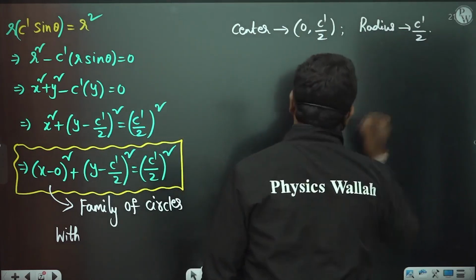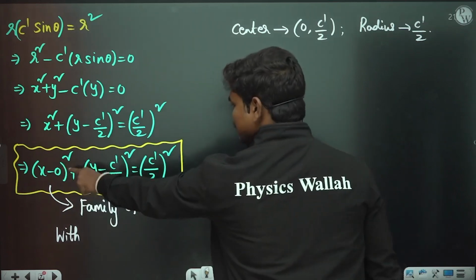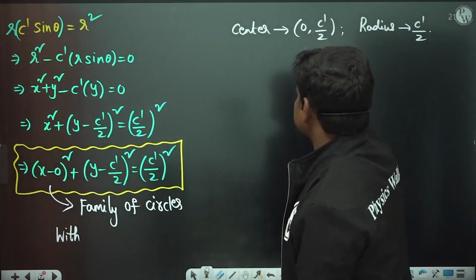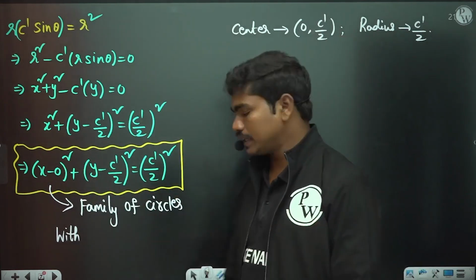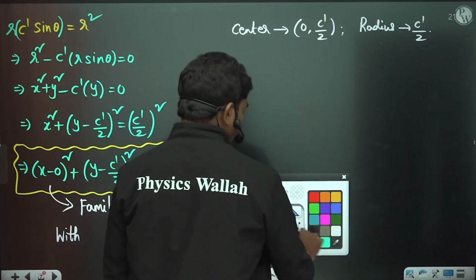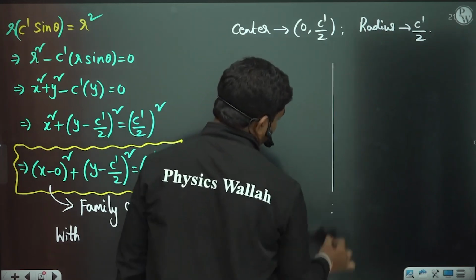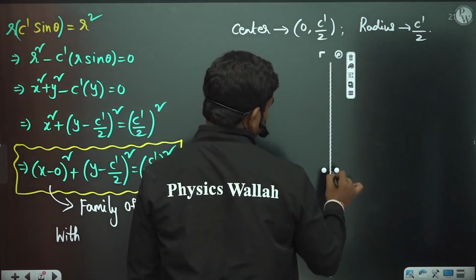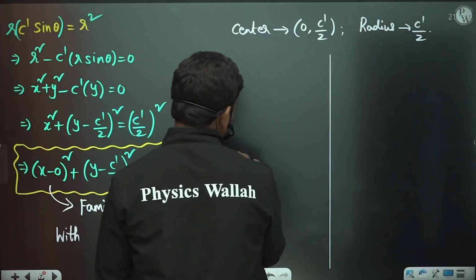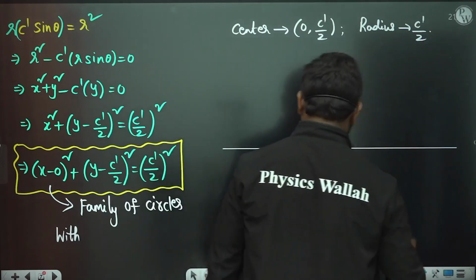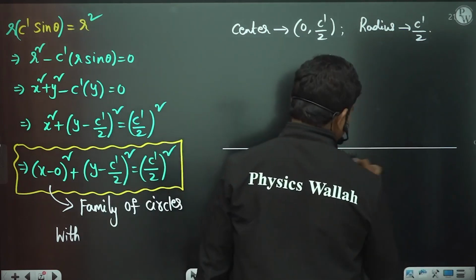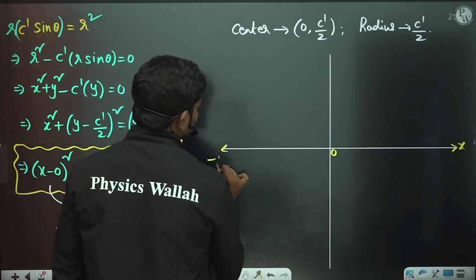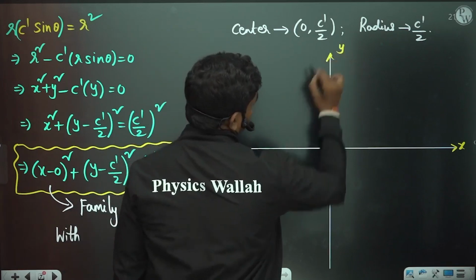Because the general equation of a circle is x minus h whole square plus y minus k whole square is equal to r square. Okay, so that's why this is the center and radius. Now here if you observe one thing, look, let us suppose you plot some x and y axis, origin, x, minus x, y and minus y, for example.